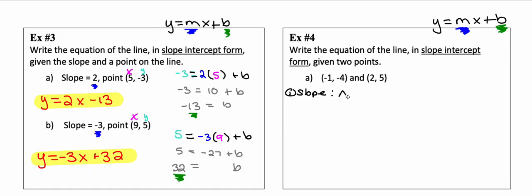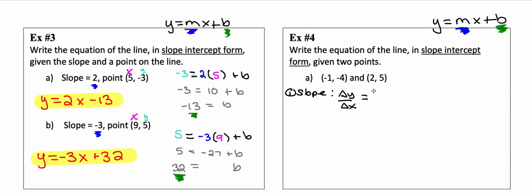Which is change in y over change in x. And I'll go back and do the actual formula of y sub 2 minus y sub 1 divided by x sub 2 minus x sub 1. My y sub, I can even do y sub 1 and x sub 1 first. I'll just go for the first coordinate.